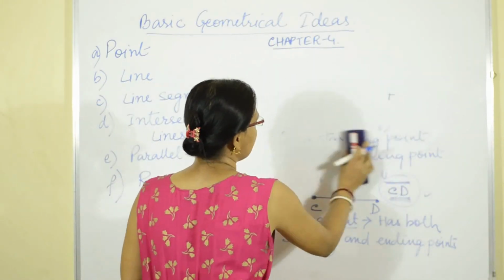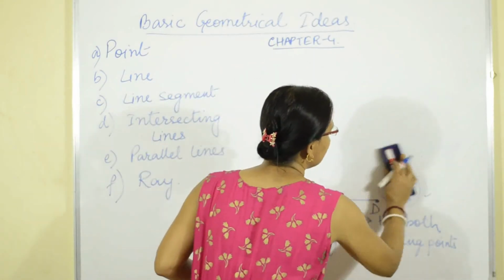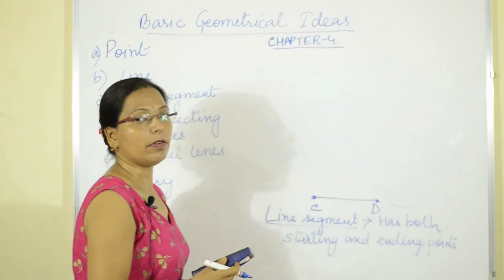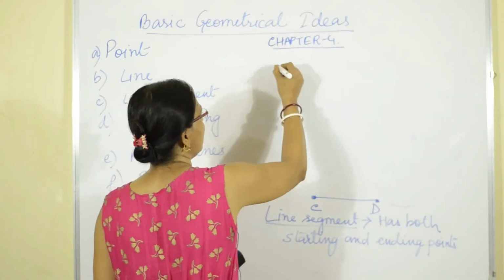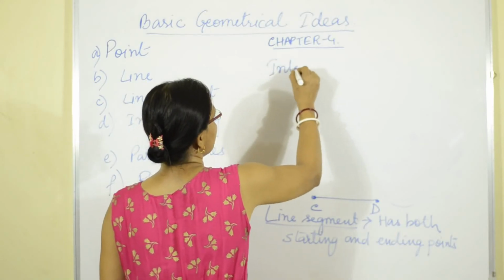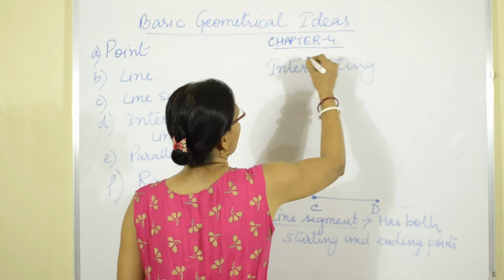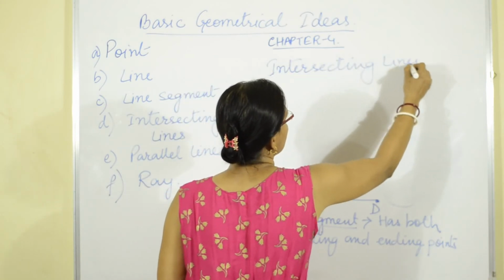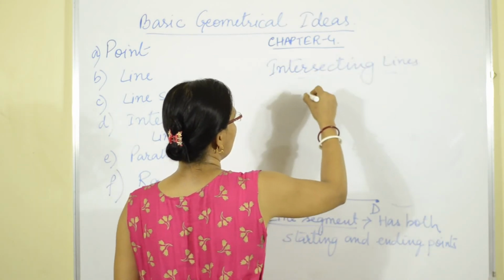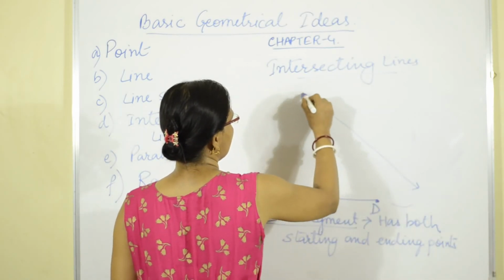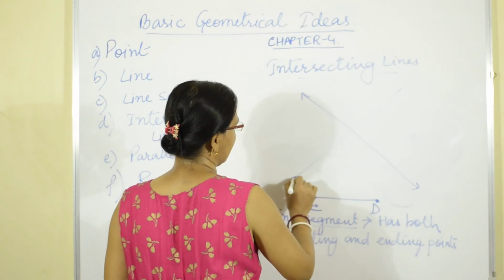Now, what is the first type that you can see here? This is intersecting lines. Now, as we know, first of all, what are intersecting lines? Intersecting lines means that I draw two lines in such a way that they intersect each other.